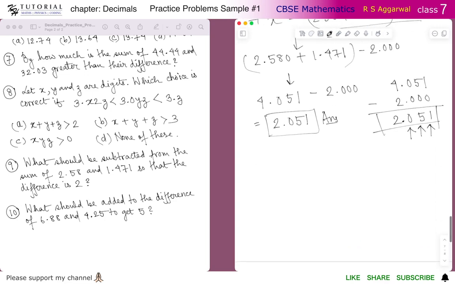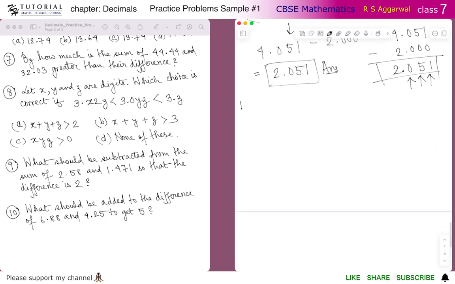Let's do the last problem. This is what should be added to the difference of this to get this. It's kind of a reverse problem of problem 9. What should be added to the difference of 6.88 minus 4.25? The box should be added to give 5.